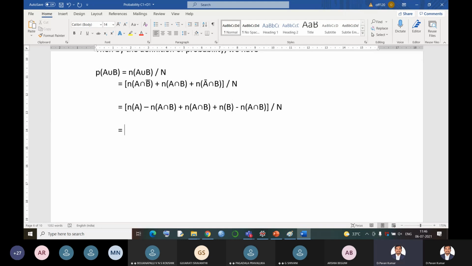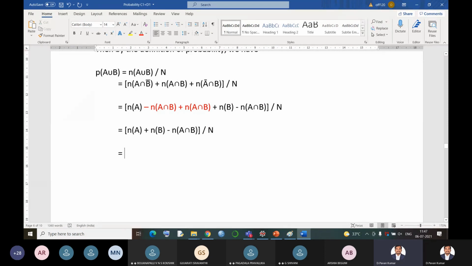Now what I would like to do, see here, minus n of A intersection B and plus n of A intersection B can get cancelled, right? Because minus 1 plus 1 gets cancelled. Similarly, minus n of A intersection B plus n of A intersection B gets cancelled. So what is the remaining answer we have here? After deleting those two, I have n of A plus n of B minus n of A intersection B. Now, I would like to bring this capital N into the bracket side.